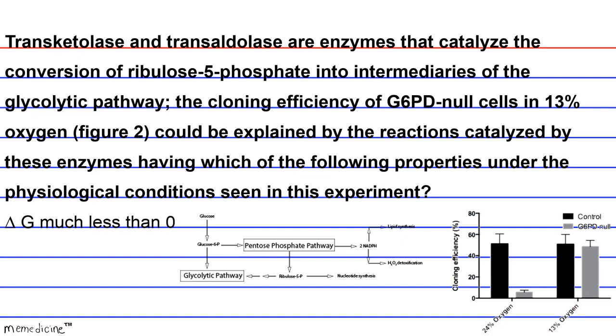Is it going to be A, a delta G much less than 0, B, a low K catalysis, C, a delta G close to 0, or D, a high Km, K sub M rather, or Michaelis-Menten constant? I'll give you a moment to think.